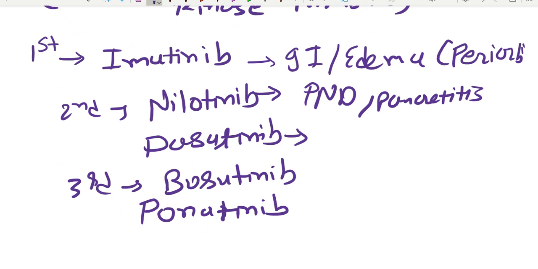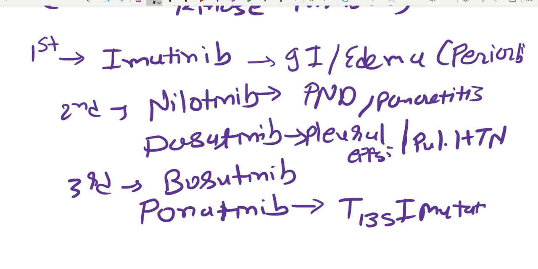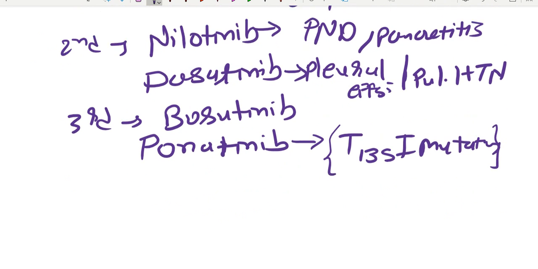Dasatinib side effects are pleural effusion and pulmonary hypertension. Ponatinib is also useful in T315I mutation. When CML occurs with the T315I mutation, it only responds to ponatinib.